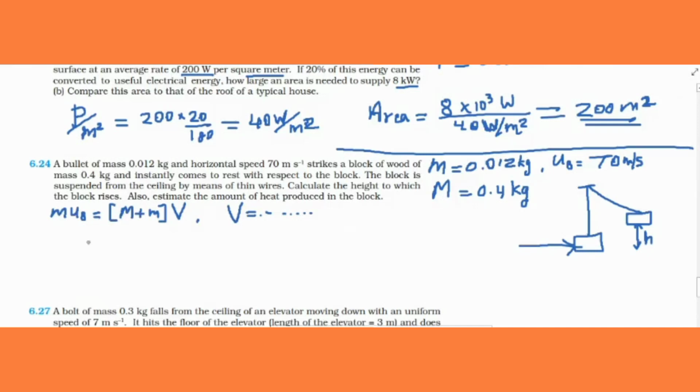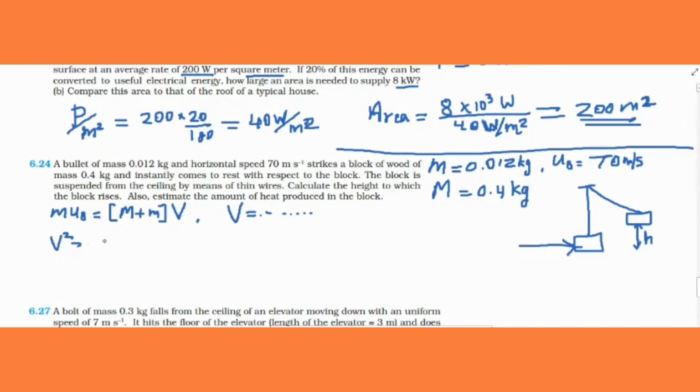Then use the formula V square is equal to U square plus 2AS.